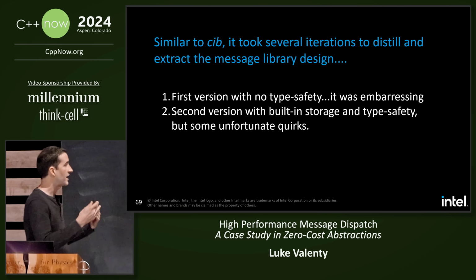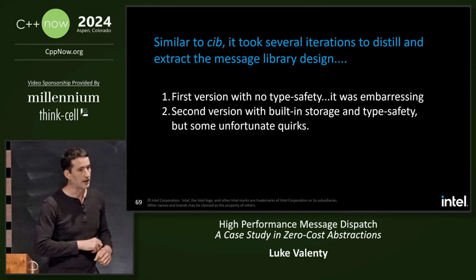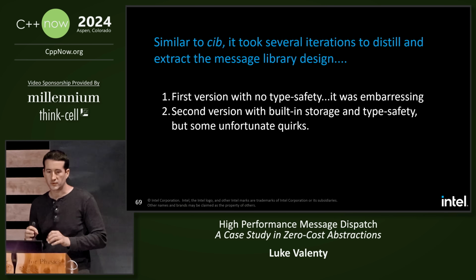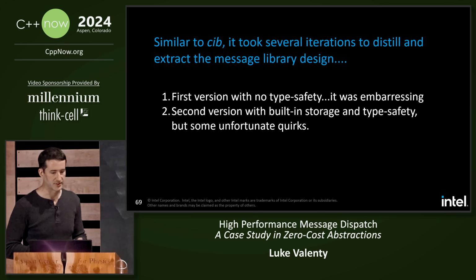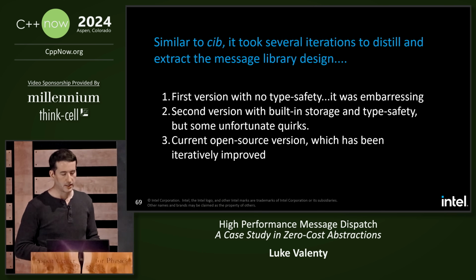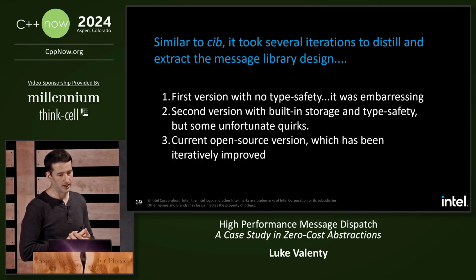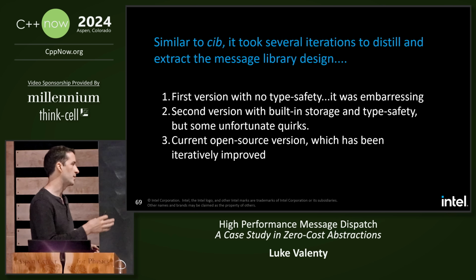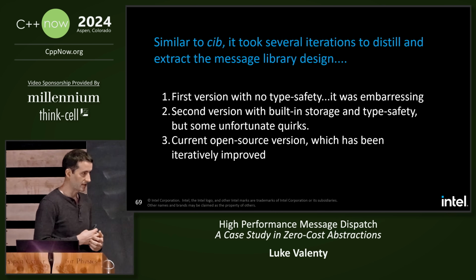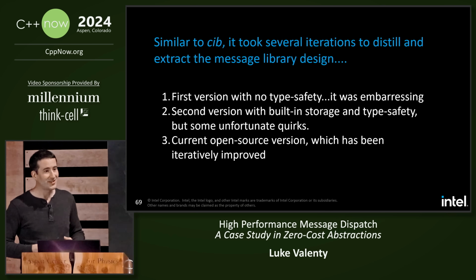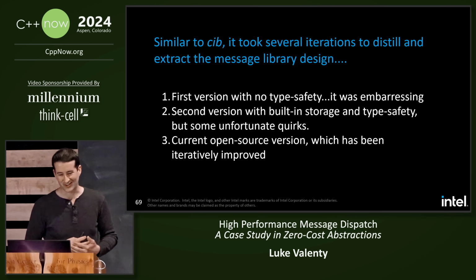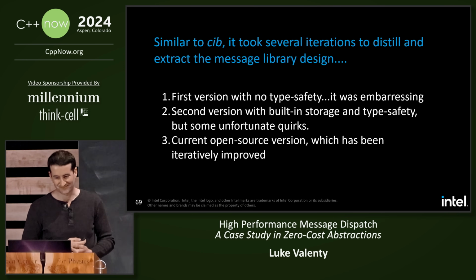The second version had built-in storage and type safety, but some weird quirks with the way the storage was managed. And then we have the current open source version, which has been iteratively improved thanks to a lot of critical feedback from Michael and a lot of work from Ben. I did some stuff too. I filed some issues on it, and then they did the work. Thank you.